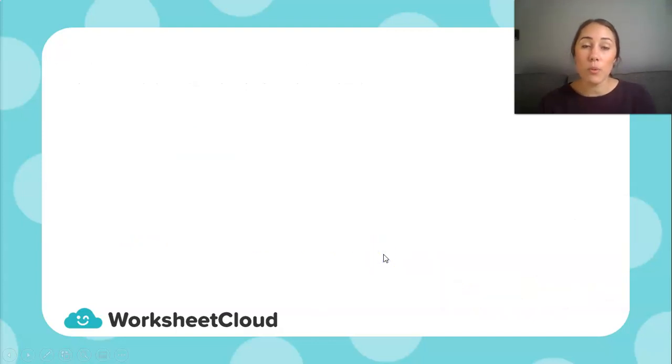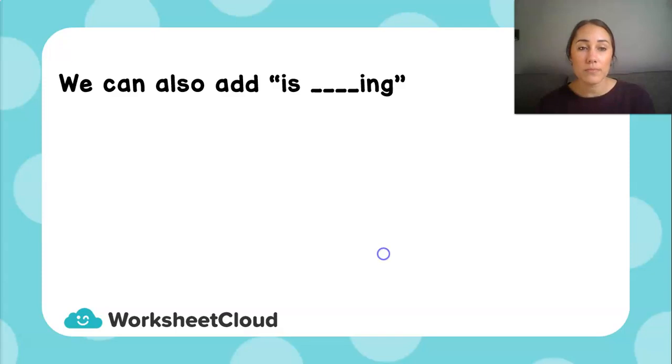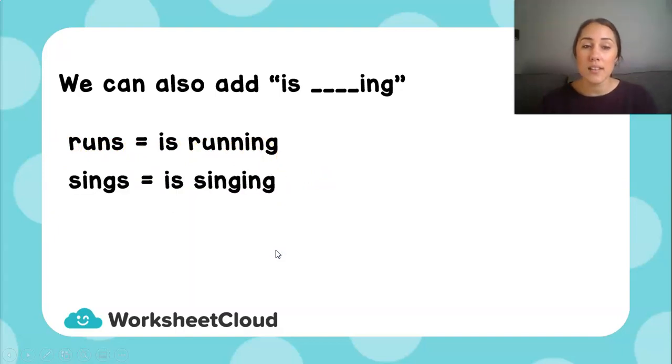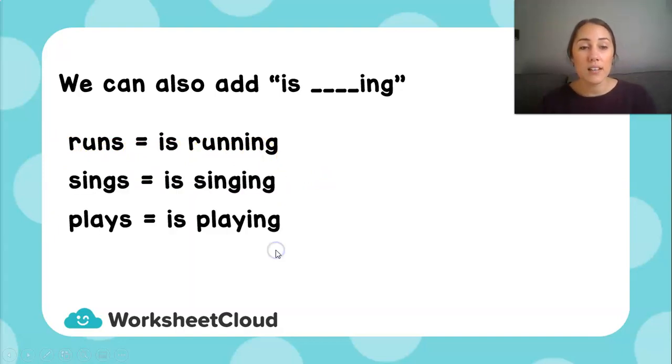Now those verbs were all in the present tense. Those children were all busy doing things right now. We can also add is painting. So runs will be is running. Sings is singing.